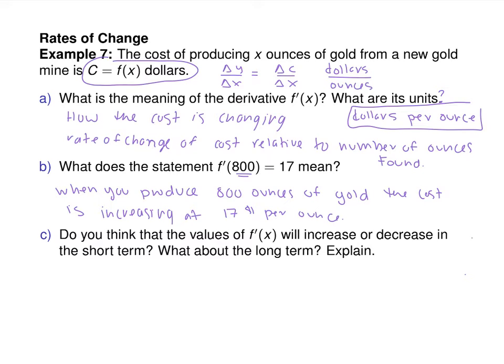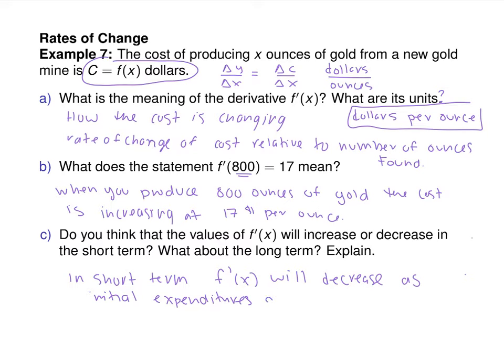Okay, so do you think that the value of f prime will increase or decrease in the short term? What about the long term? You could argue lots of different things. Personally, I think that in the short term, f prime of x will decrease as your initial expenditures are spread out.